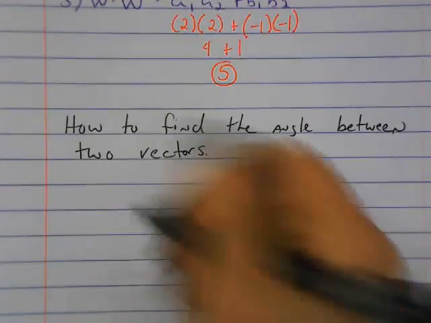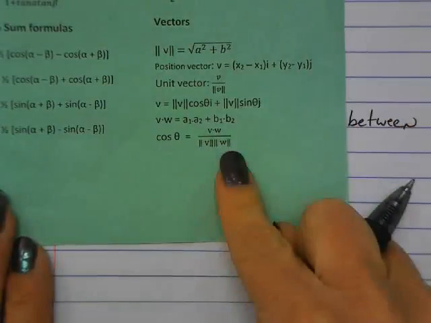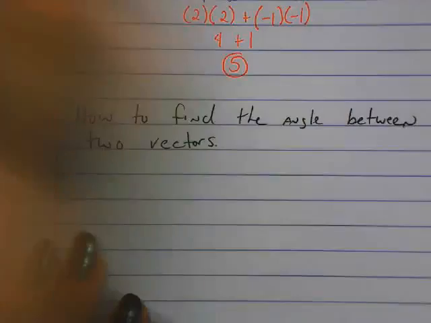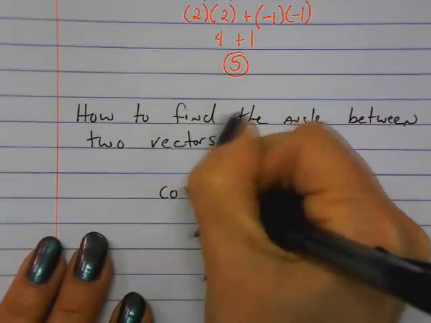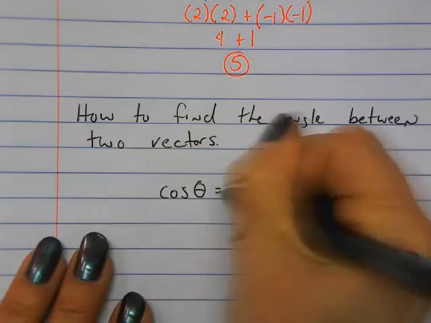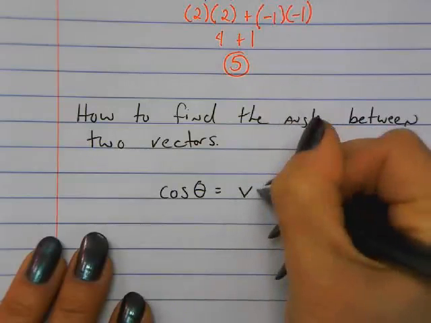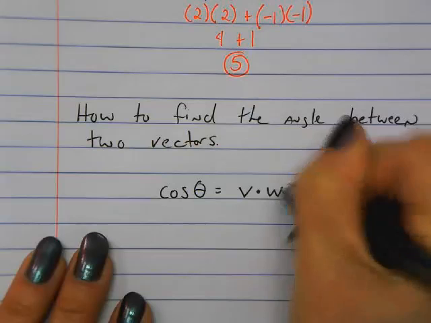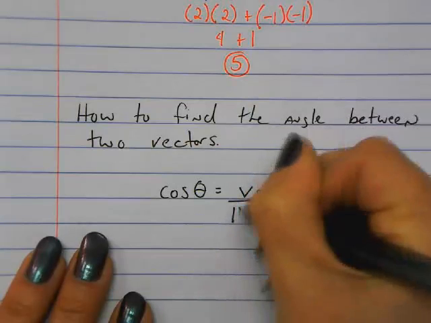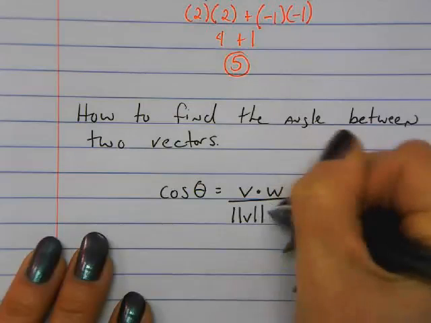Again, if you look at your green sheet, there it is. So it's going to be the cosine of theta is v dot w over the magnitude of v times the magnitude of w.